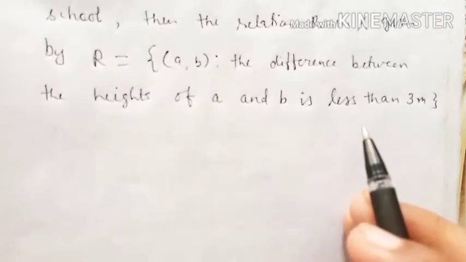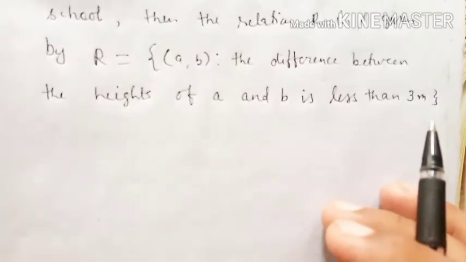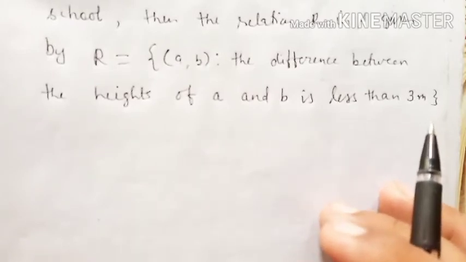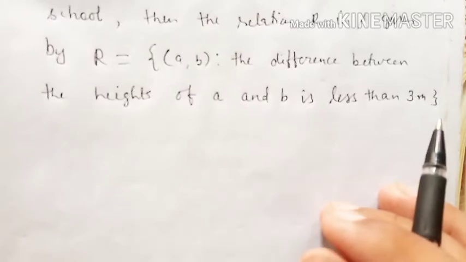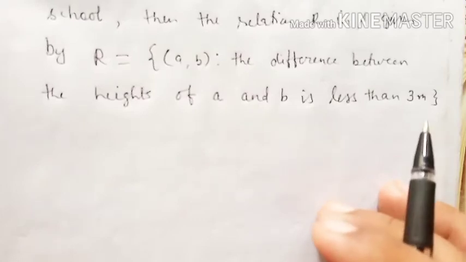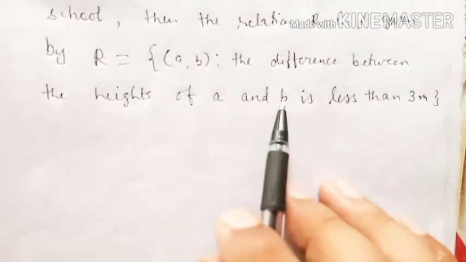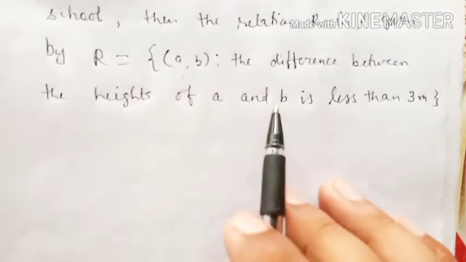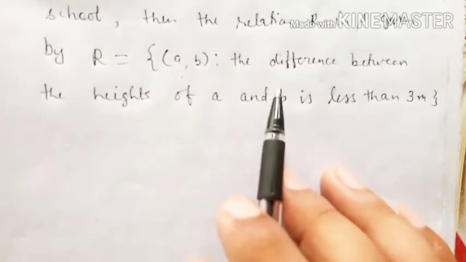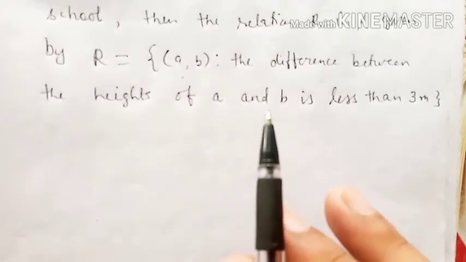As we know that 3 meters is a very large distance, we can say that there are no two students in the school where the difference in their heights is equal to 3 or more than 3. So if we take this relation between two students, then we can say all elements of the set A are related to each other.